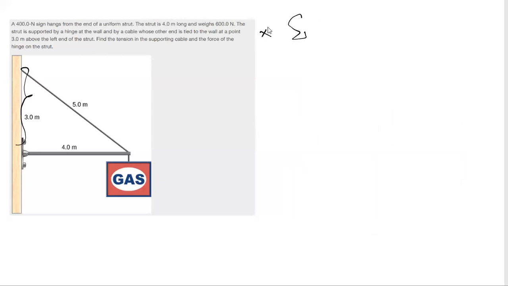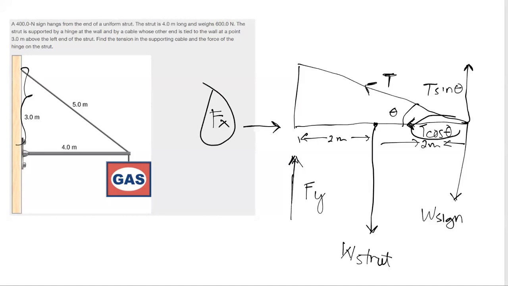The summation of F sub x is equal to my force to the right, Fx, minus T cosine theta, and by our equilibrium condition, this is equal to 0.